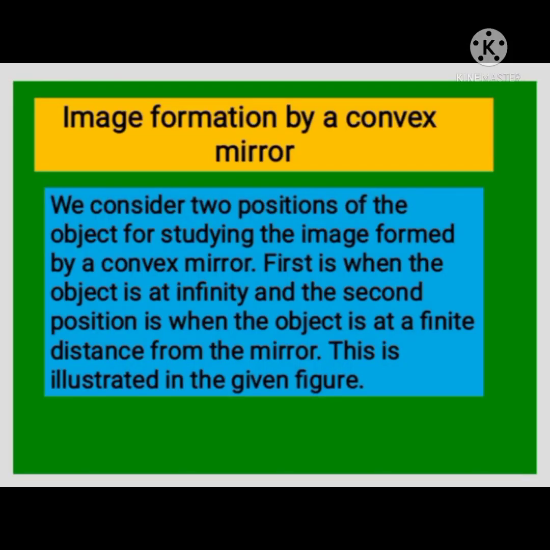Now let us draw the ray diagrams for image formation by a convex mirror. Here we are considering only two rays for drawing this diagram, and also we consider two positions of the object for studying the image formed by a convex mirror, because the position of the object does not matter in the case of a convex mirror, because it always forms an erect, virtual and diminished image in all cases.